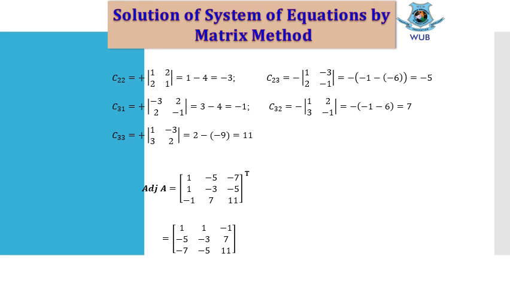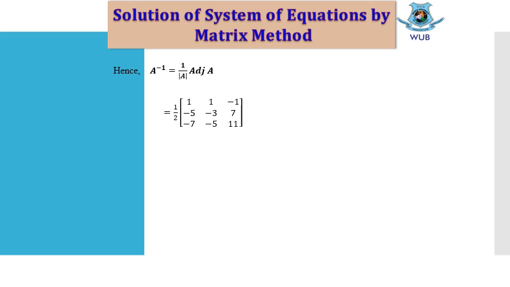When we write this matrix, the cofactor of A, we just write the transpose sign on that matrix. And if we transpose this matrix, we get the last answer. How we get this, we just interchange the row and column. Simply we interchange row and column, we can get the transpose matrix.